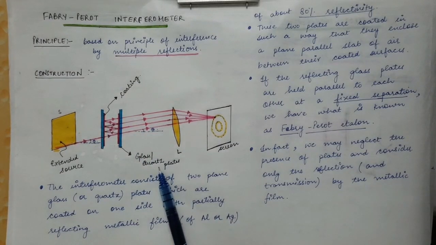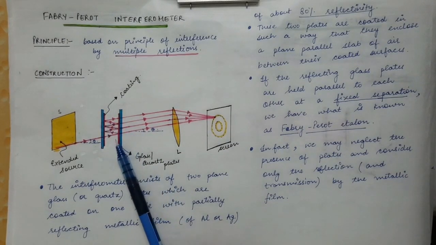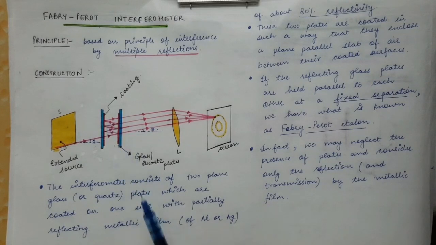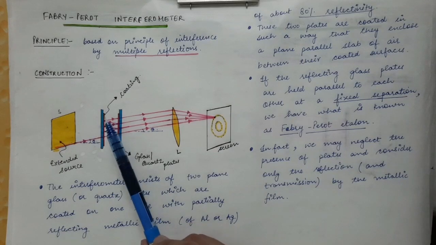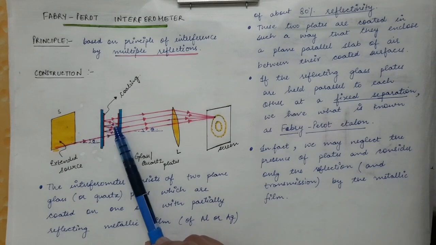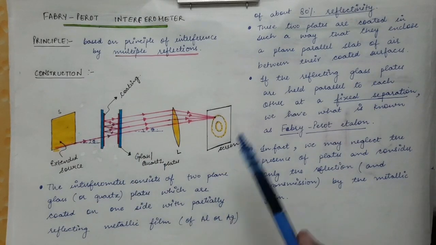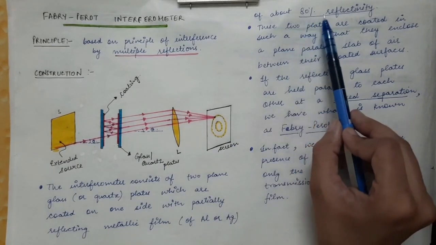These plates can be made of glass or quartz, and the inner side of these plates is coated with a metal, which can be aluminium or silver. The inner side is very thinly coated with aluminium or silver so that they have a reflectivity of about 80%.